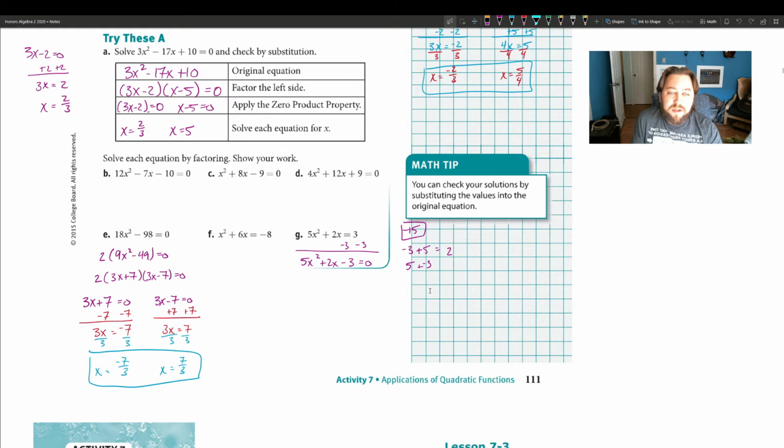5x and 5 have a common factor, and negative 3x and negative 3 have a common factor. That seems like it's going to work a lot better. So let's go ahead and rewrite 5x squared plus 5x minus 3x minus 3 equals 0. And if we factor by grouping, looks like I can pull a 5x out of my first pair here.